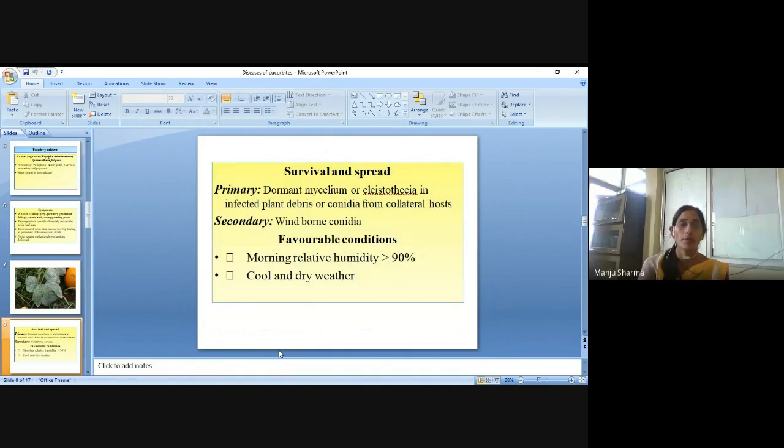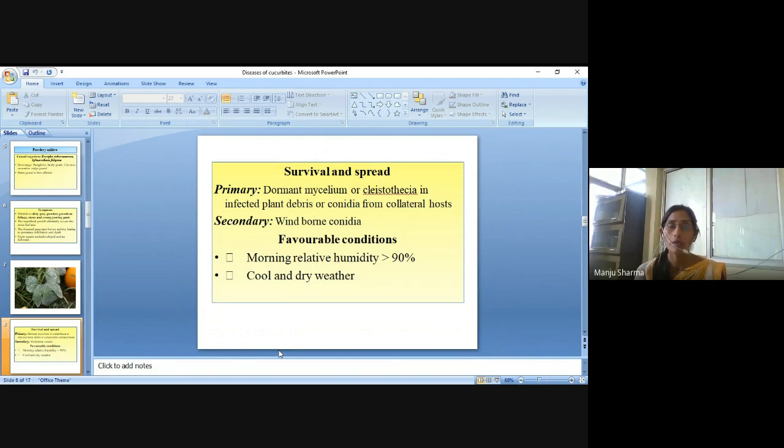Survival and spread. Primary survival is through dormant mycelium or cleistothecia in infected plant debris, or conidia from collateral hosts. Then the secondary spread is by wind-borne conidia.